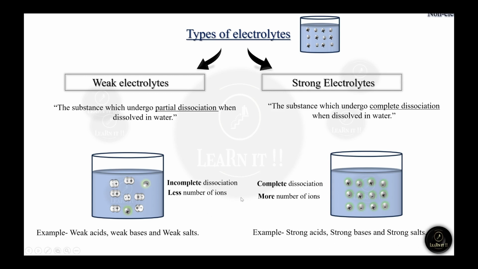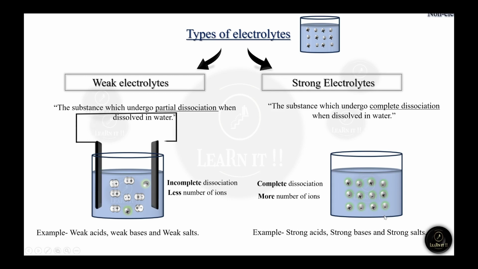Even if we take the exact same number of molecules and put them into water, in the case of strong electrolytes, all the molecules dissociate into ions. But in the case of weak electrolytes, if we take the same number of molecules as with strong electrolytes, very few molecules convert into ions.